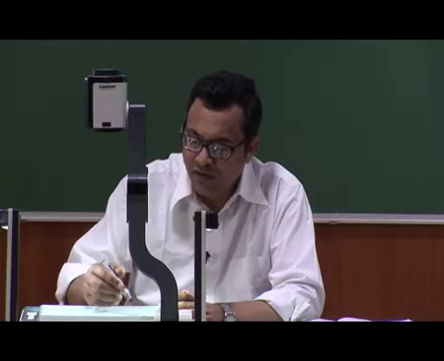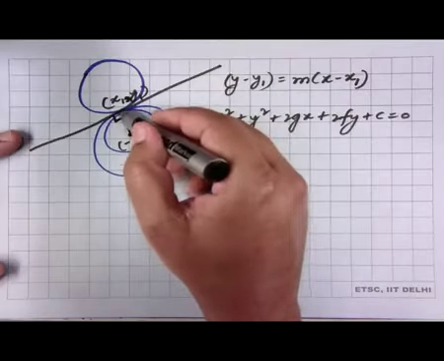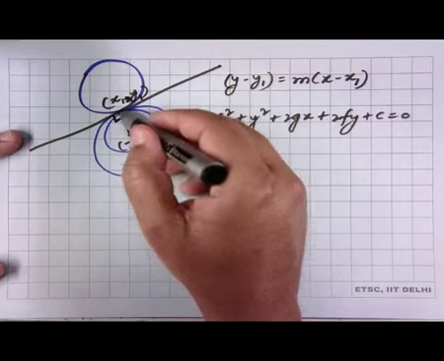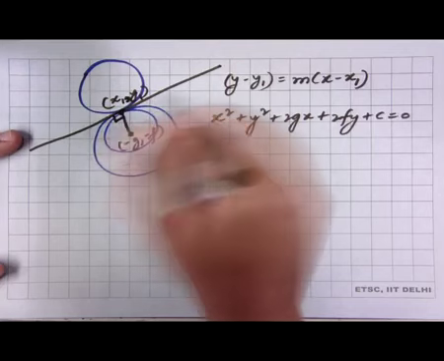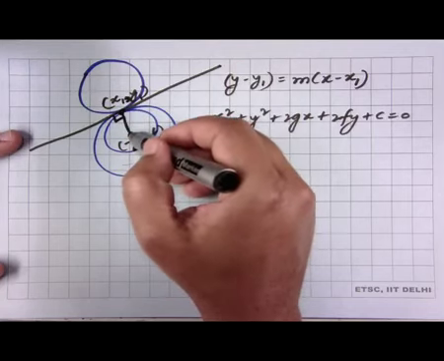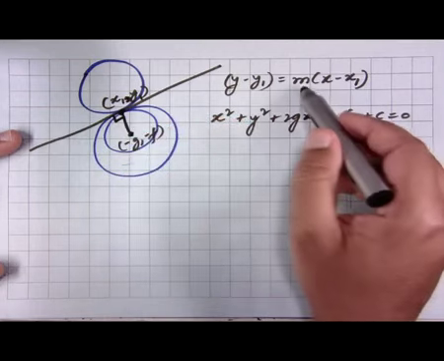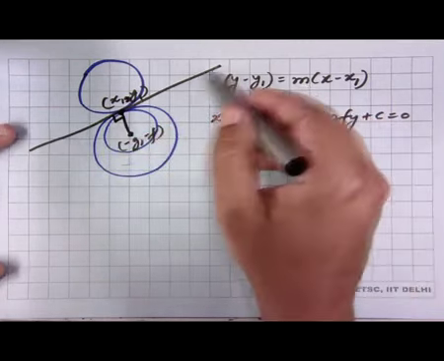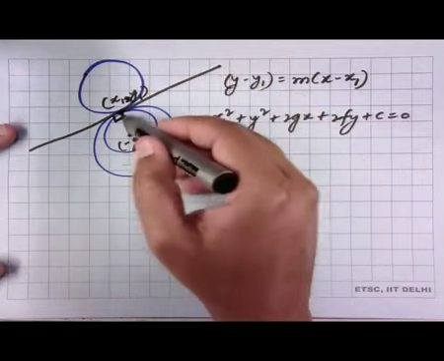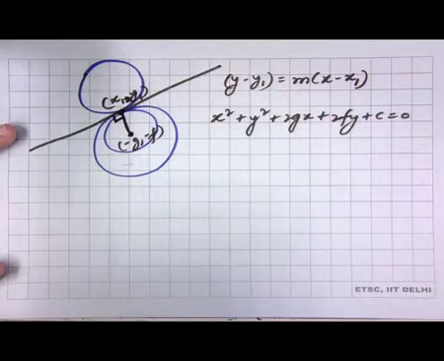So, therefore, the product of the slope of this perpendicular to the tangent from the center, and the slope m of the straight line itself, should be minus 1. So, that is how we are going to start.